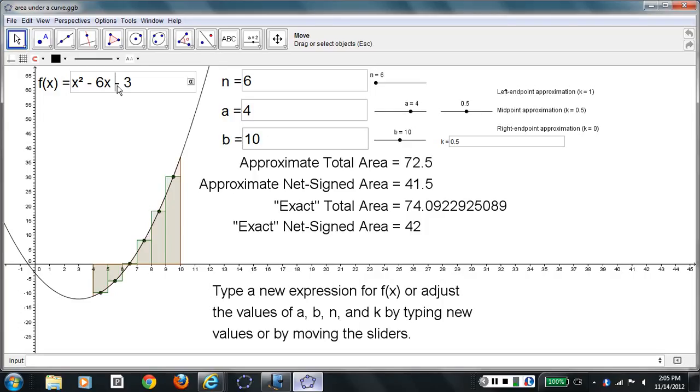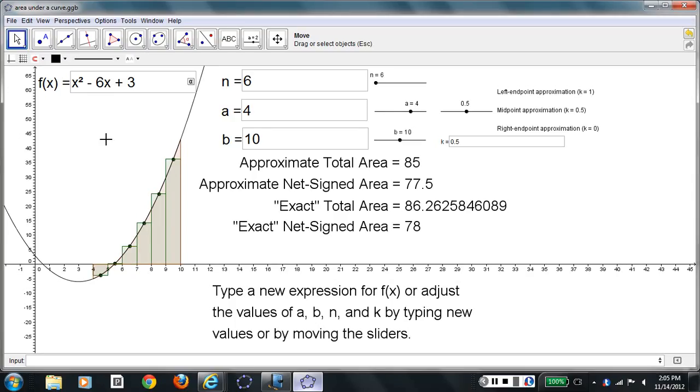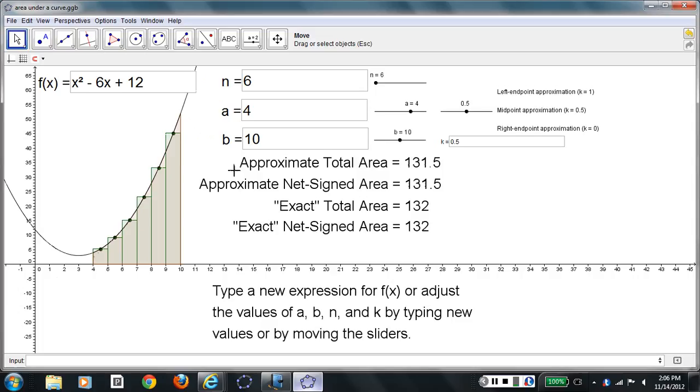We're just considering one that's above the x-axis. So let's say, what if that's plus 3 would probably do it, huh? Maybe not. Plus 12? No, that's better. Okay. So the function's positive on a closed interval.